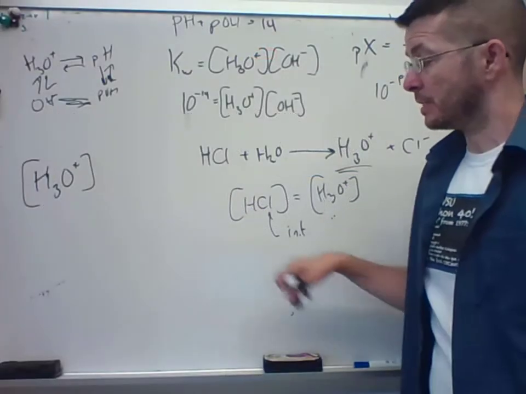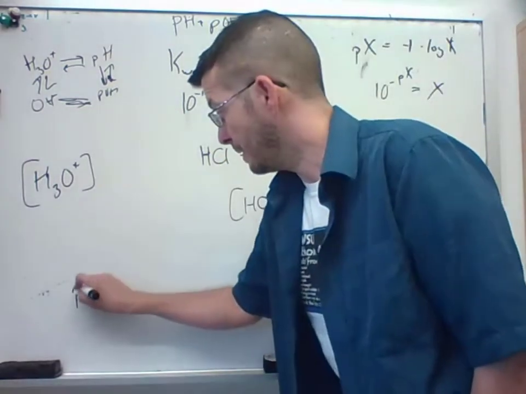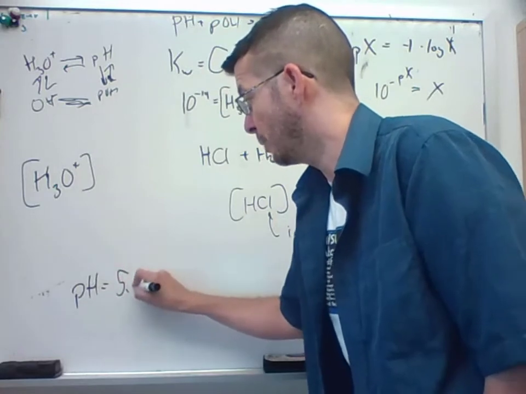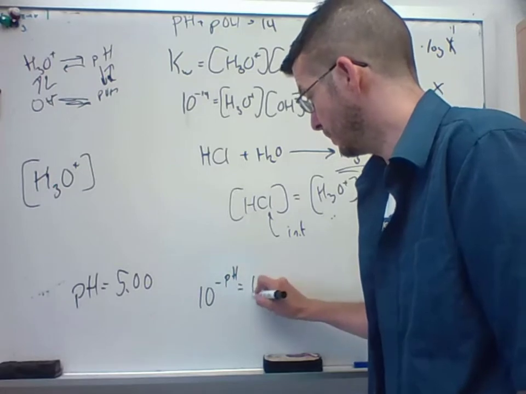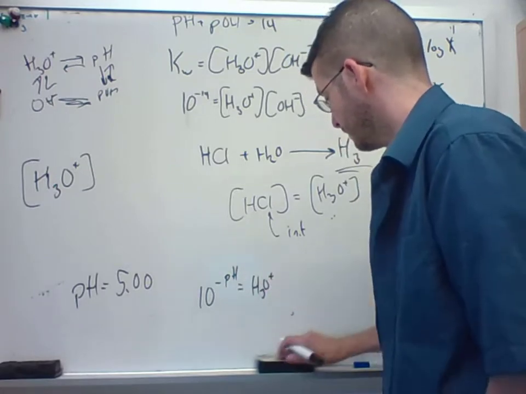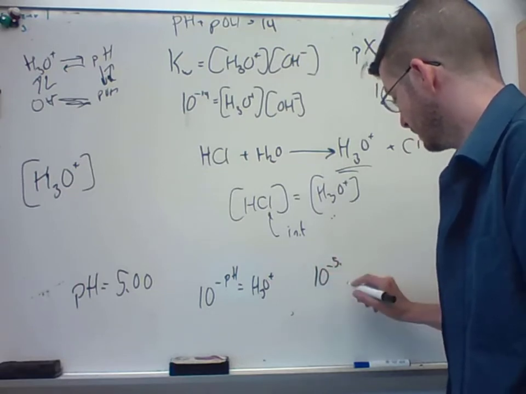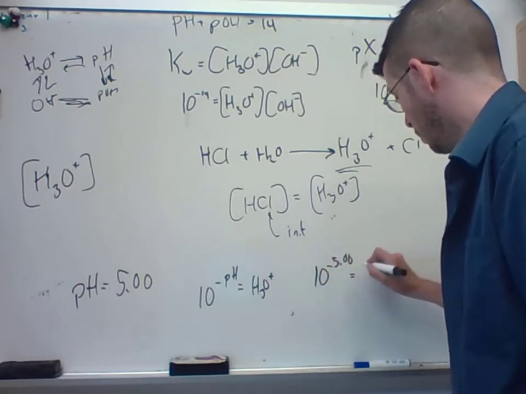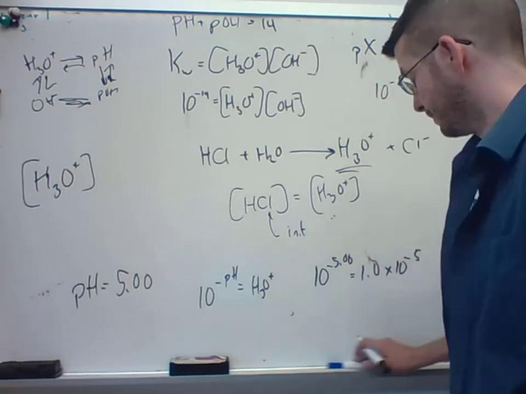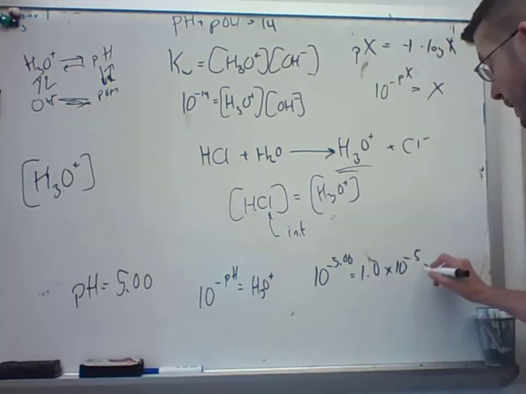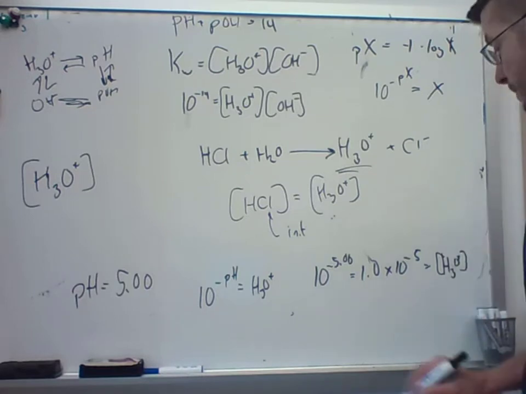So when we write these equilibriums, we're assuming that this is not dissociated. Luckily for us, if we know the H3O+ concentration, we get to HCl, and in this case we do because we have the pH. pH is equal to 5.00, and so 10 to the negative pH will equal the H3O+ concentration, which in this case will equal 10 to the negative 5, or 1.0 times 10 to the negative 5th molarity.